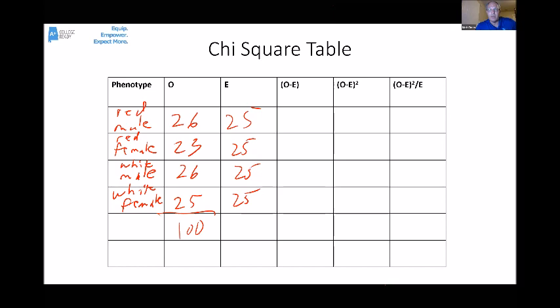So O minus E: 26 minus 25 is 1. 23 minus 25 is minus 2. 26 minus 25 is 1, 25 minus 25 is 0. Now this says to square this column. So 1 squared is 1, minus 2 squared is 4, 1 squared is 1, 0 squared is 0. All right. Then this last one says take this column and divide it by this column.